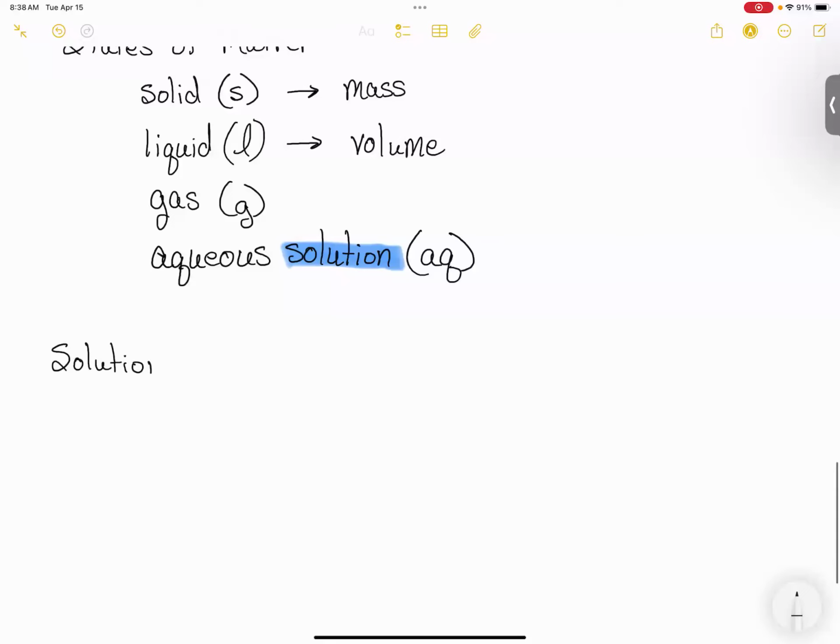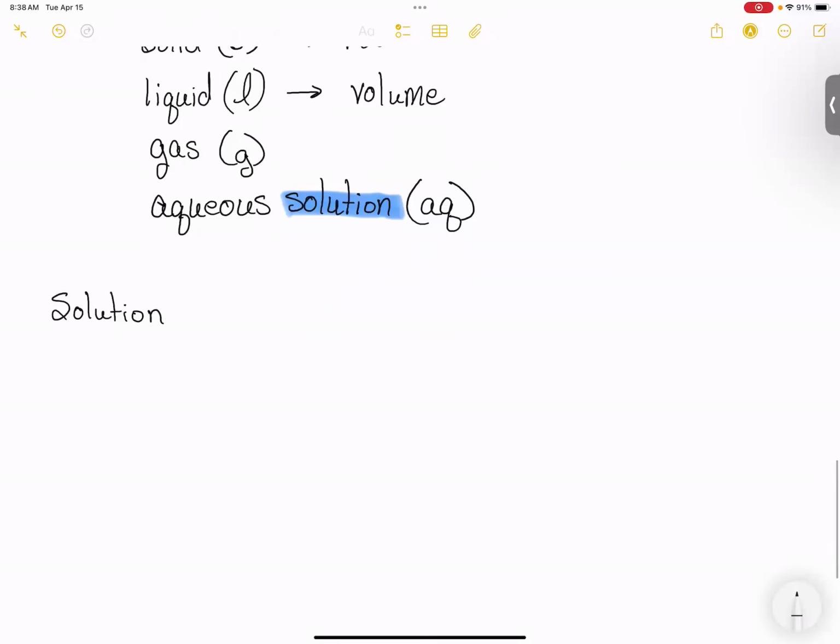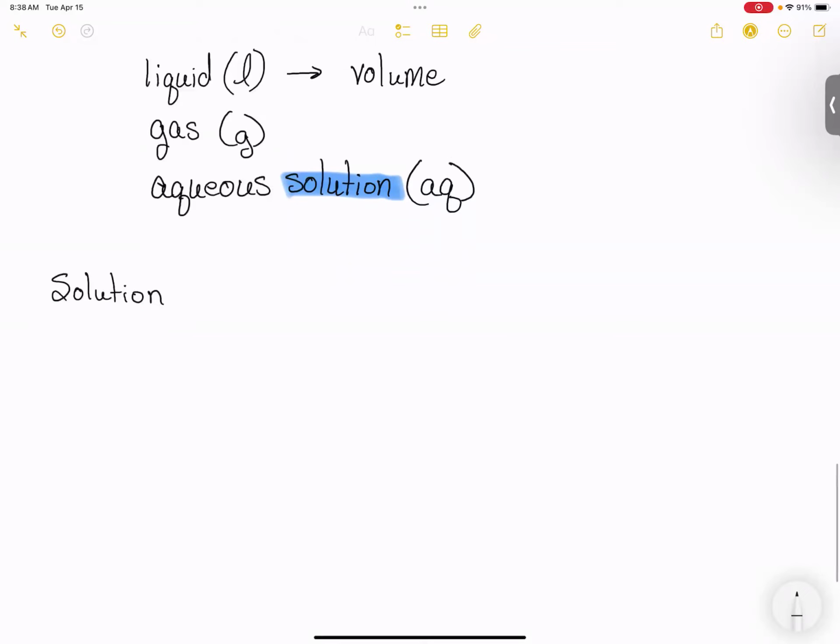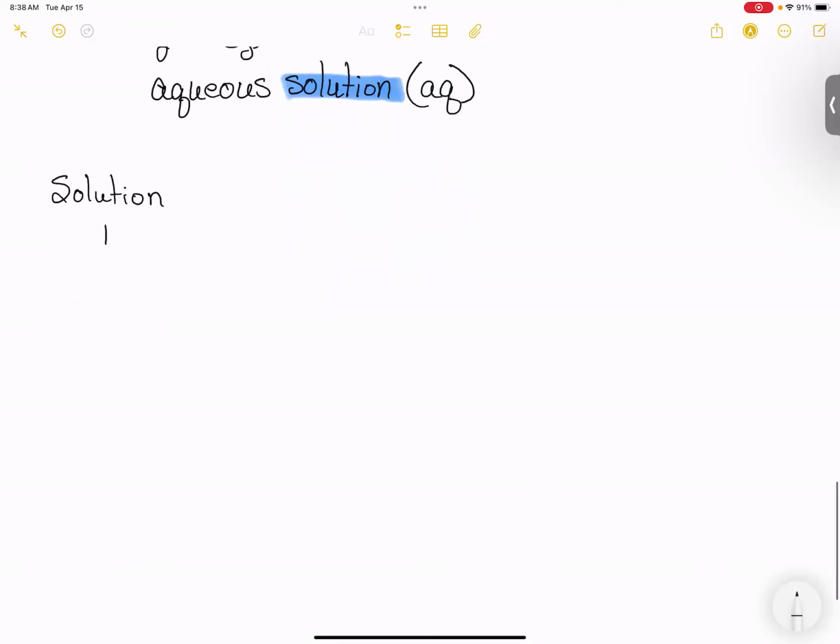So what we're going to deal with for the rest of the semester, which is the rest of today and Thursday, is we're going to talk about solutions. Number 1, we're going to talk about what a solution is.